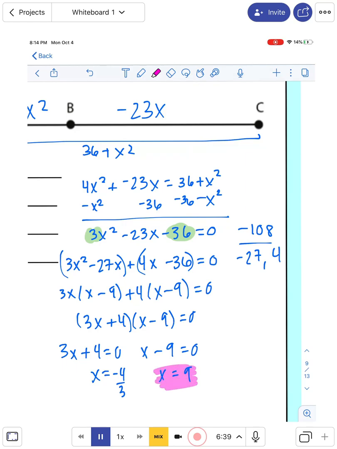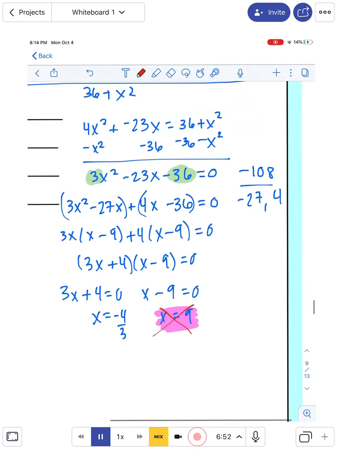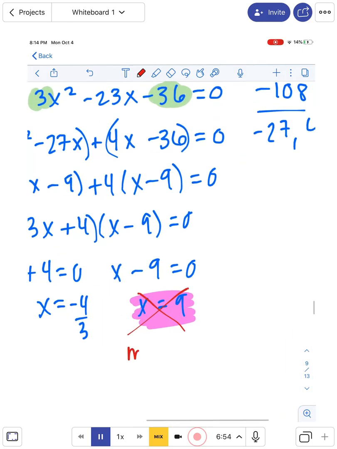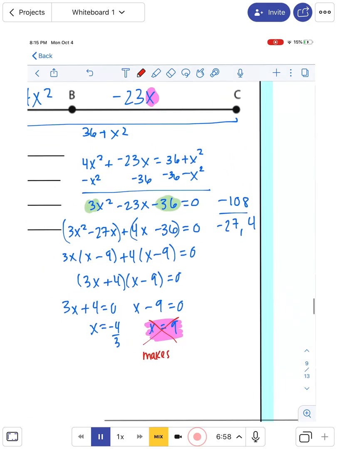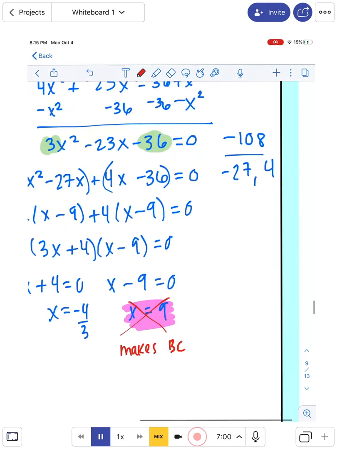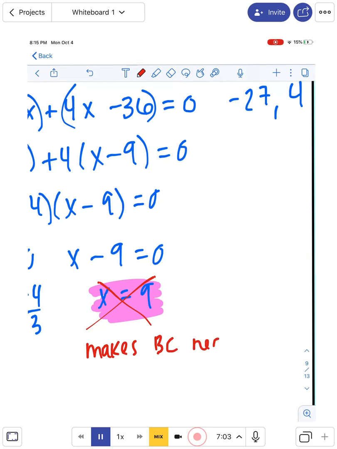If x equals 9, and I were to sub it back in to BC, negative 23 times positive 9 would give me a negative segment length. So what that means is that x equals 9 can't actually be one of my solutions. It's called an extraneous solution. So it makes BC a negative measurement, and we can't have that.